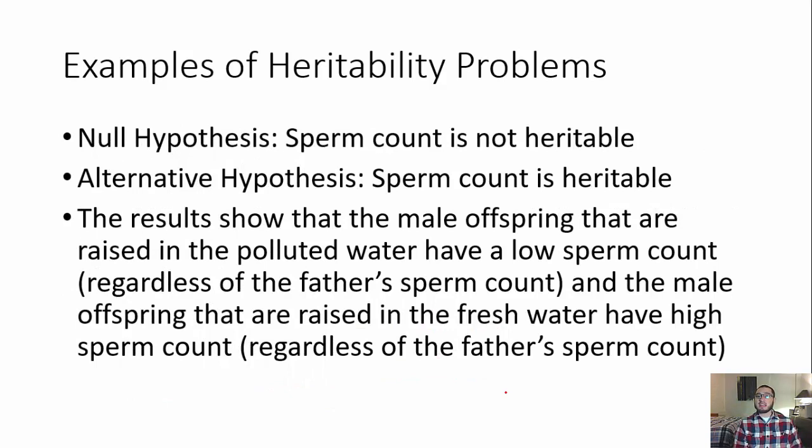Your null hypothesis is that sperm count is not heritable, but your alternative hypothesis is that sperm count is heritable. The results show that the male offspring raised in the polluted water have a low sperm count, regardless of the father's sperm count, regardless of the genetics. The ones raised in fresh water have high sperm counts, regardless of what fathers we started with.